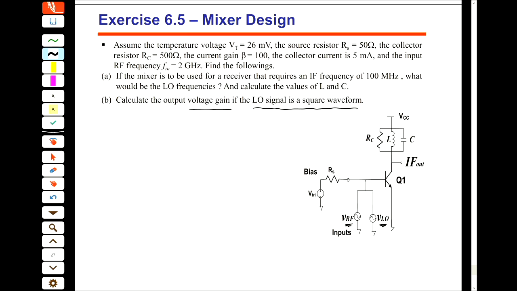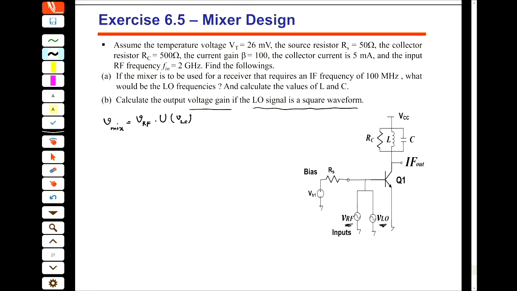So the V of the mixer equals VRF multiplied by VLO, and this U means square shape.